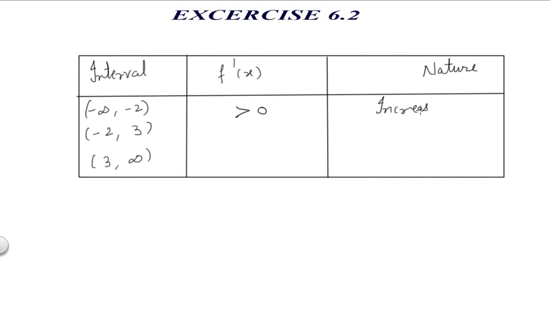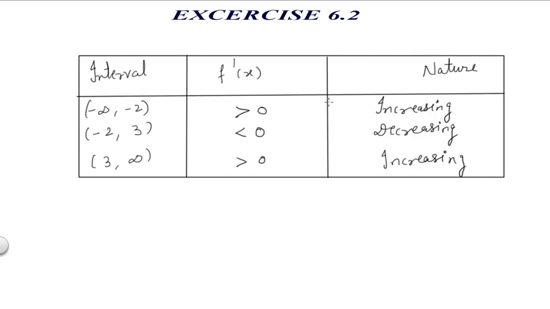Then minus 2 to 3. When we checked, we got a negative answer which was less than 0. So the nature is decreasing. And the last one, 3 to infinity, we were again getting greater than 0. Hence it is increasing. So we got the intervals in which it is increasing and decreasing.